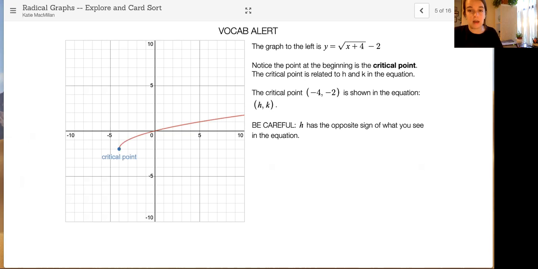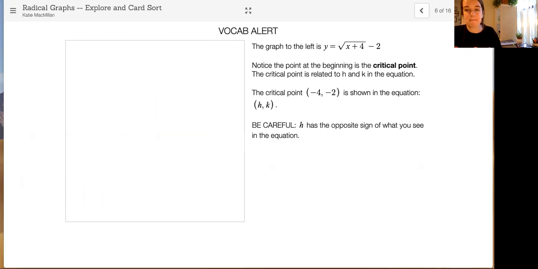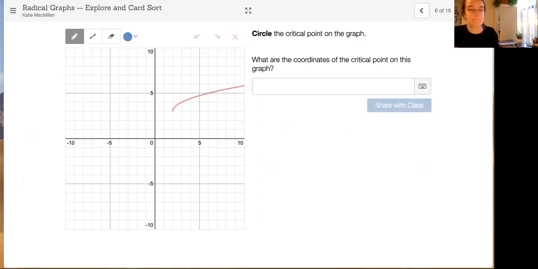Okay. Go ahead and look at slide 6. On slide 6, it says circle the critical point on the graph. So you can use whatever color you want. Go ahead and choose a color. You're going to circle where the critical point is. You can put a dot on it if you prefer. Nice, seeing some good dots.